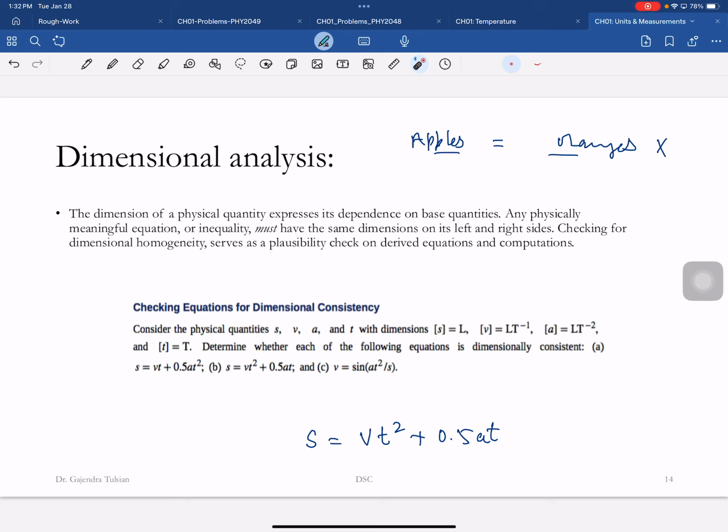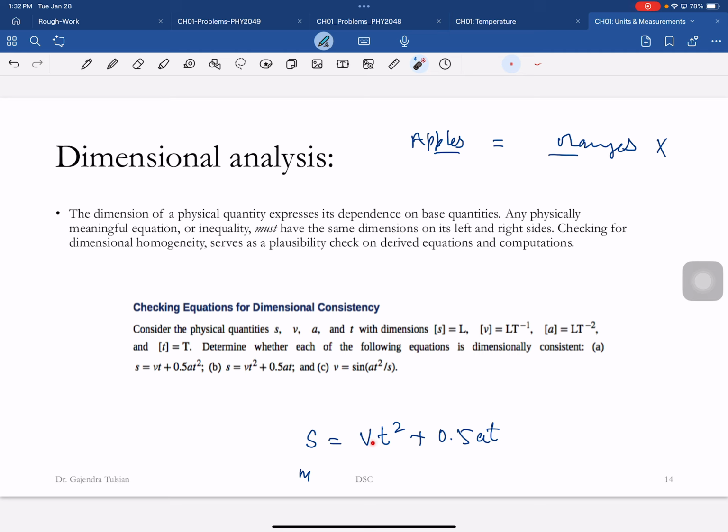All you're going to do is see if you have apples on the left-hand side, and make sure that you have apples on the right-hand side. Of course, you have to know something about the symbols. S represents distance. What are the units of measurement of distance? Meters. So there's the apples on the left-hand side. So you have to make sure that this term is an apple, this term is an apple.